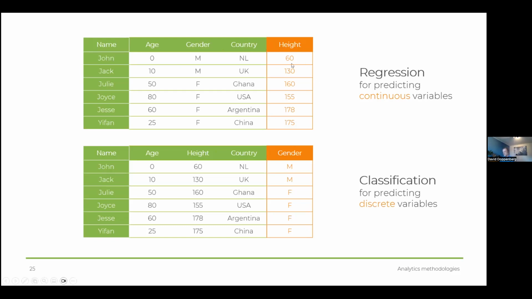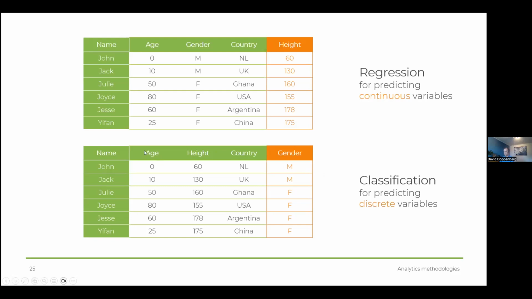In this case, we want, for example, to look at the height, predict the height based on the country, gender, and age. On the contrary, if you have the same data set but you are interested to do classification, you typically look at something that's discrete, meaning not typically numbers, but more like categories that you want to predict. So in this case, a country or the gender would be a discrete variable because it can just take a limited amount of options.